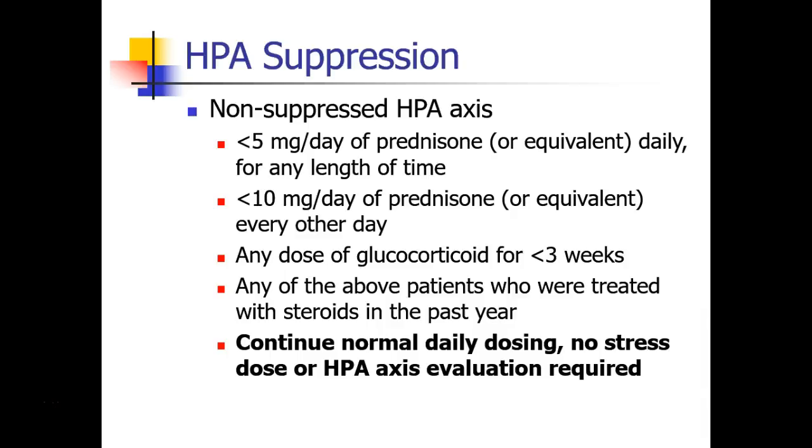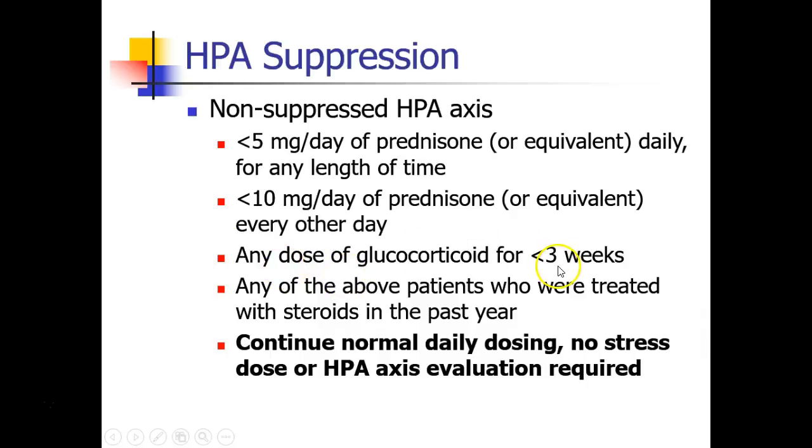So how should we approach patients who may or may not need to be evaluated for HPA suppression? Well, we know that if patients are definitely not suppressed, your normal patient who hasn't been exposed to any steroids, there are other patients who have non-suppressed HPA axis. This might include patients who have had less than 5 milligrams a day of prednisone daily for any length of time, or less than 10 milligrams a day of prednisone every other day for any length of time.